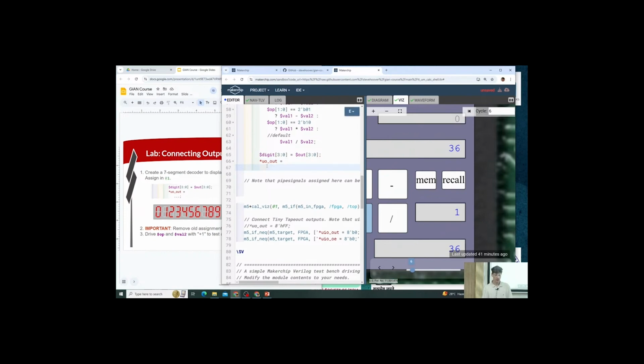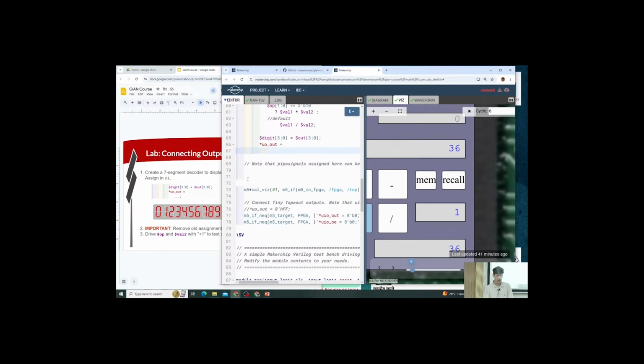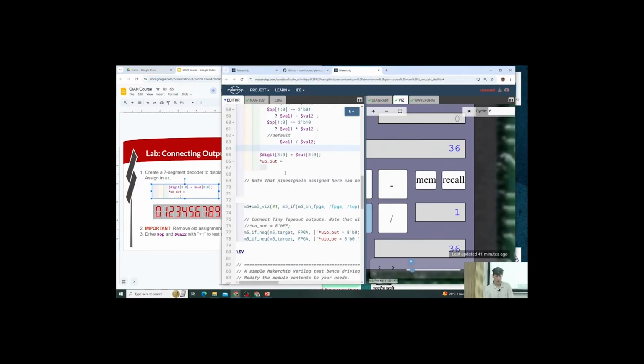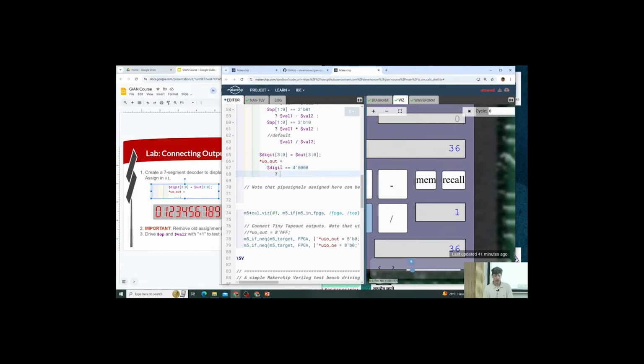So if you're having trouble, right, we need to go case by case. If the digit is a 4-bit 000, then we want to drive the bit pattern for the zero that represents 0, right?